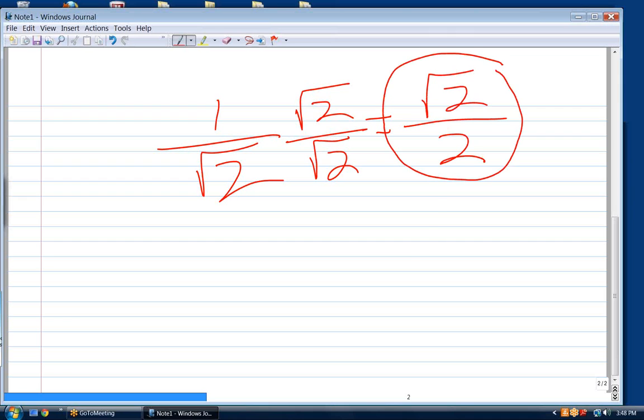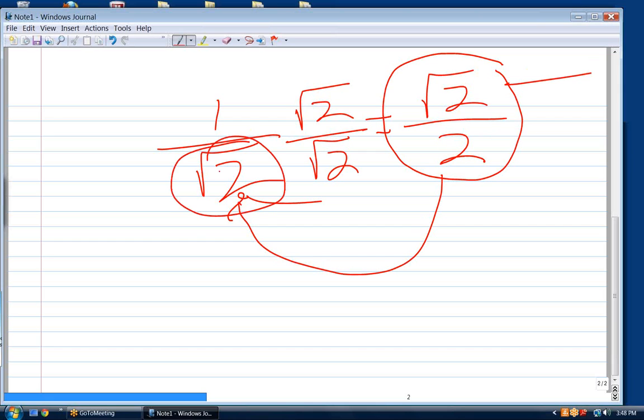This is the same exact number as that if you put it into your calculator, but this is mathematically acceptable because it has a rational number in the denominator. This does not. Root 2 is irrational. So every time you're working with radicals and you end up with a radical in the denominator, you have to rationalize it.